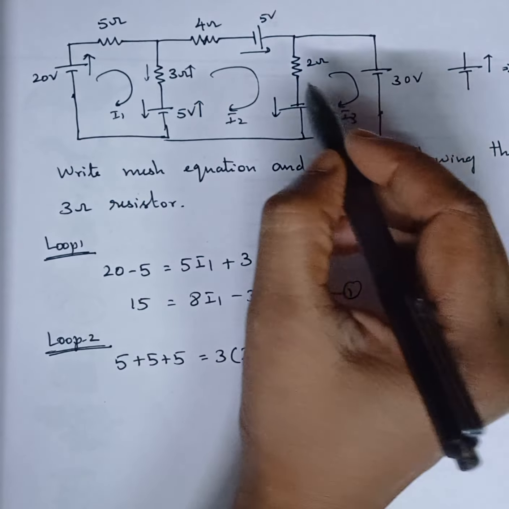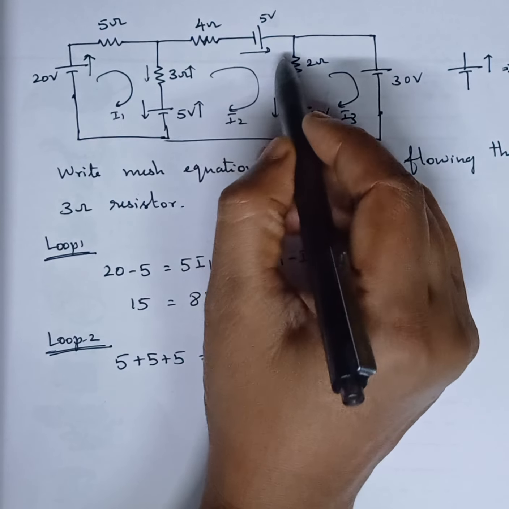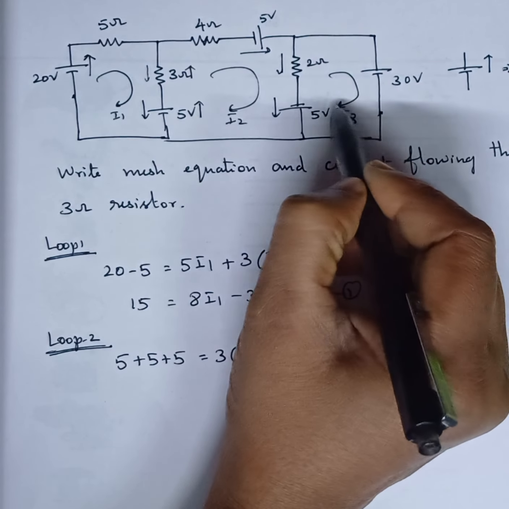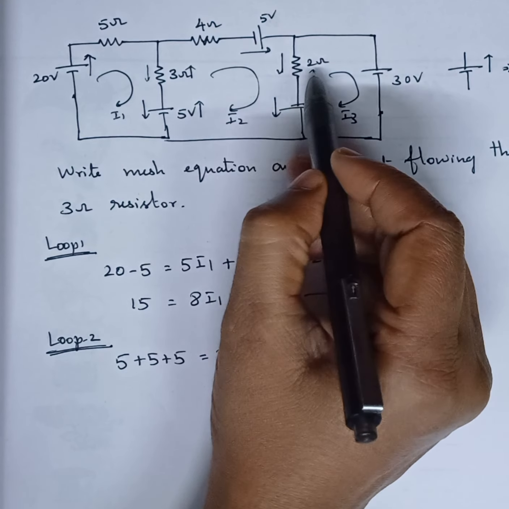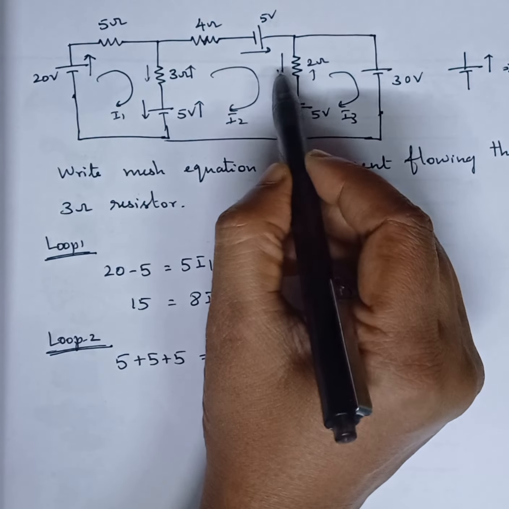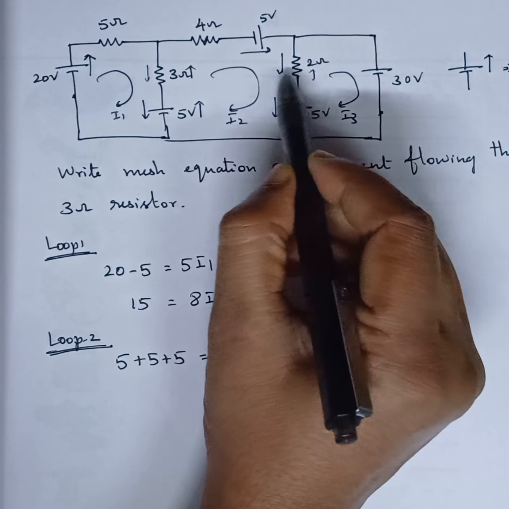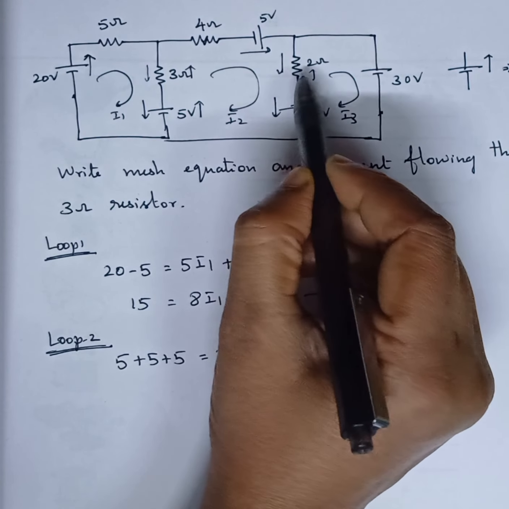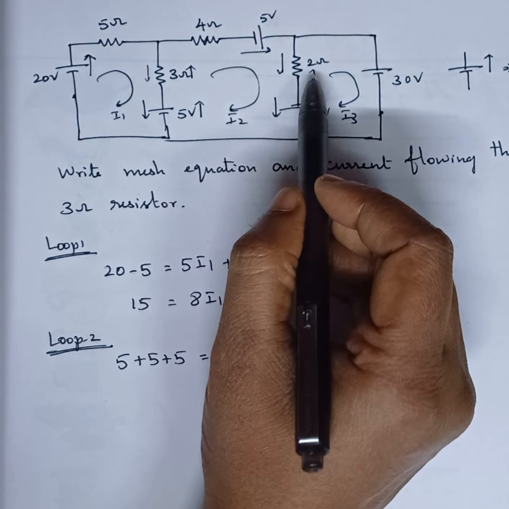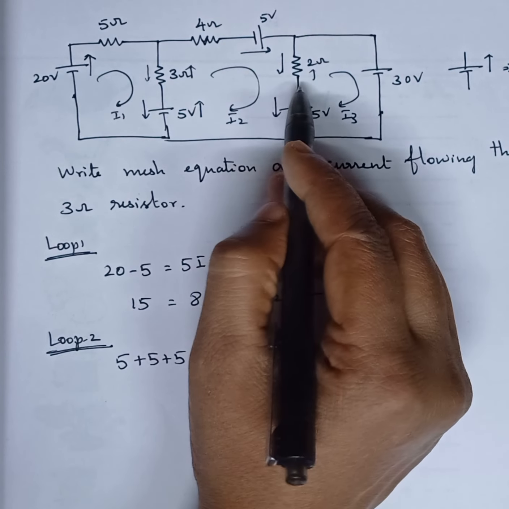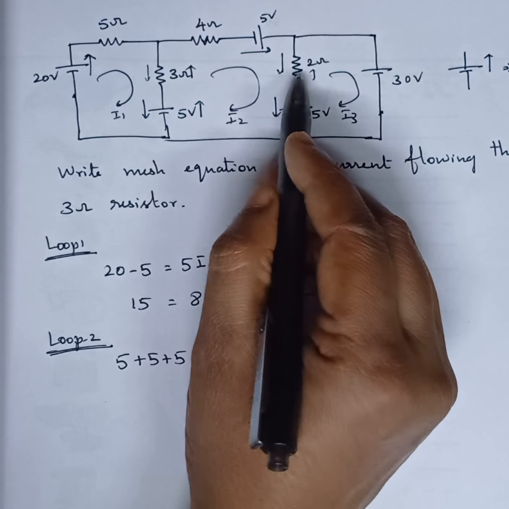Let us check whether it is difference or addition. So I2 flows in this direction, I3 clockwise takes this direction. So through this resistor the currents are in opposite directions. Hence we take this as I2 minus I3 or I3 minus I2, difference of these two currents flowing.